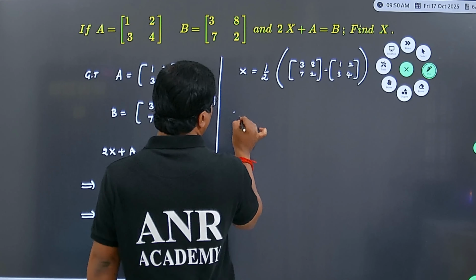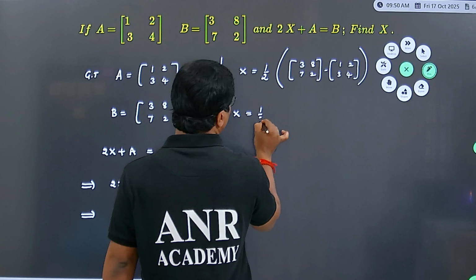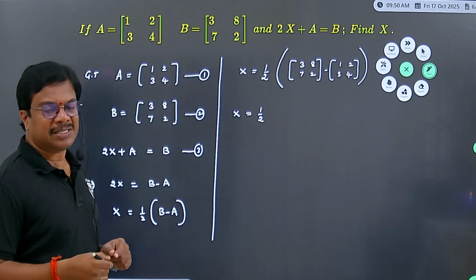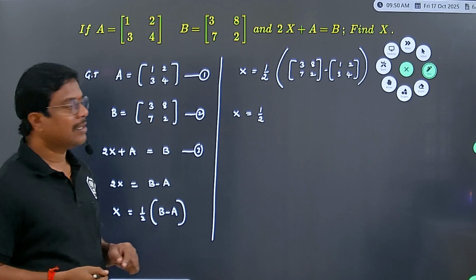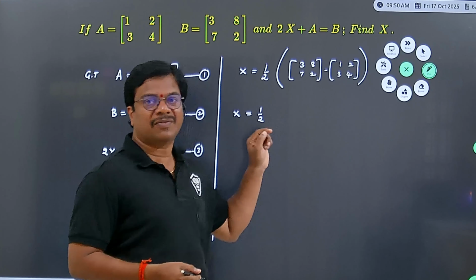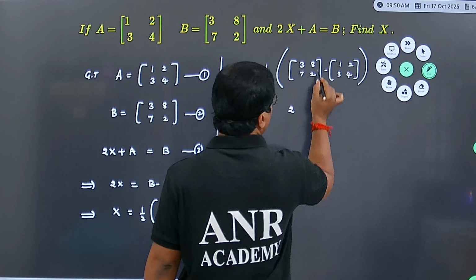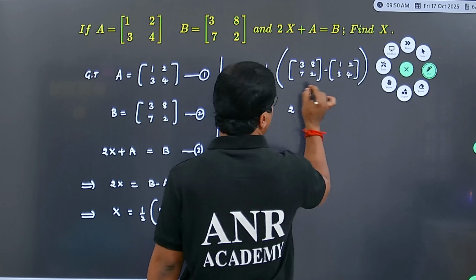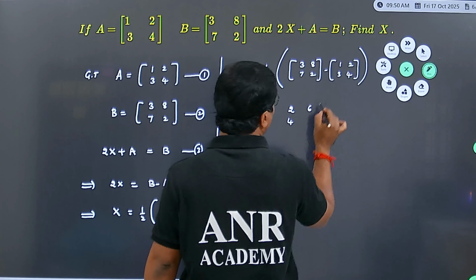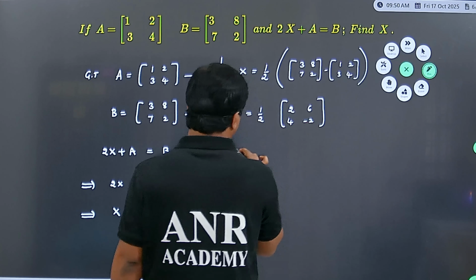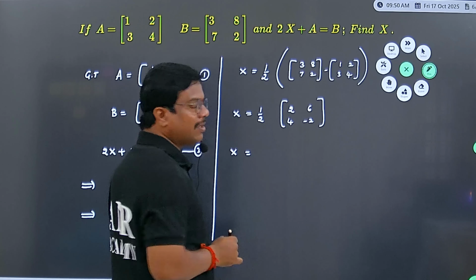Therefore capital X is written as 1 by 2 into, here the difference of two matrices is obtained by writing the difference of corresponding entries. 3 minus 1 is 2, 8 minus 2 is 6, 7 minus 3 is 4, 2 minus 4 is minus 2. So this is the matrix. And also you can simplify.